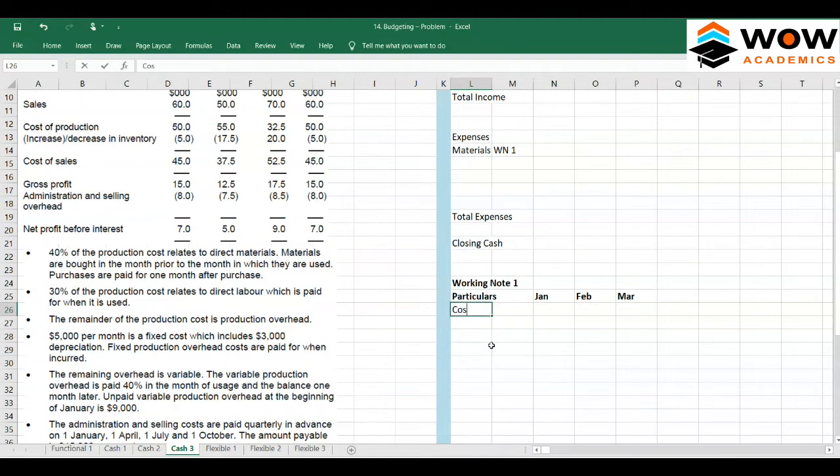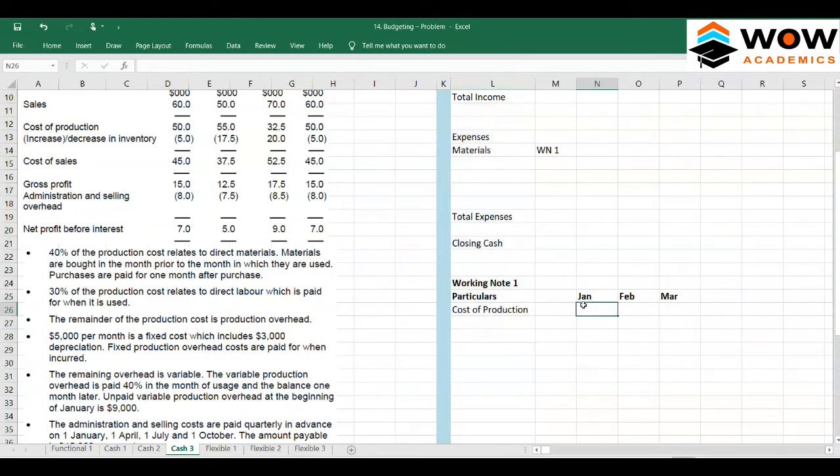So cost of production is 50, 55, 32.5. We don't need to do April, so we'll just leave it. So 40% of it is direct material.